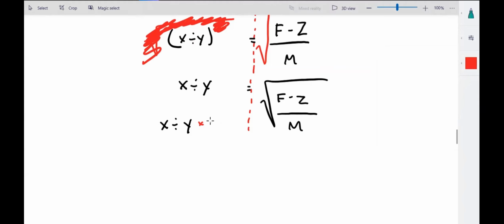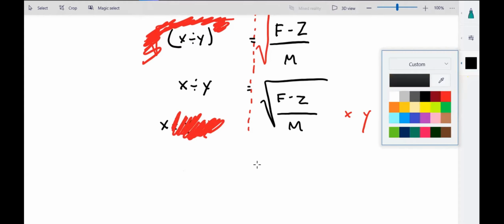Normally, we won't use it, like I said, because it looks like an x, and that can get confusing. So if I multiply both sides by y, dividing by y and multiplying by y cancels out completely. And I get just that beautiful x that I wanted.